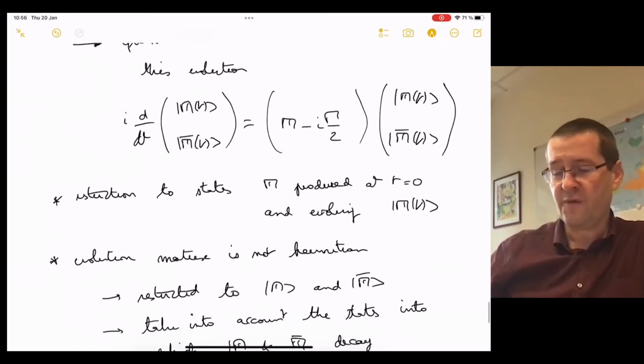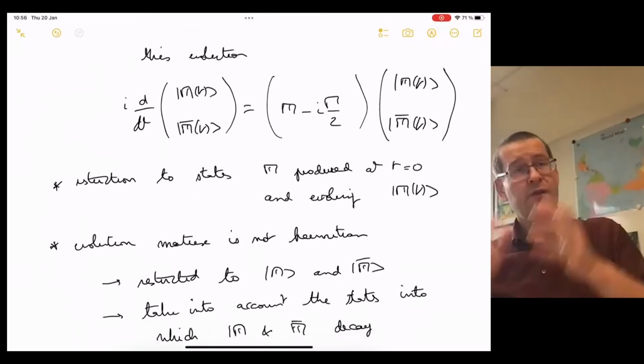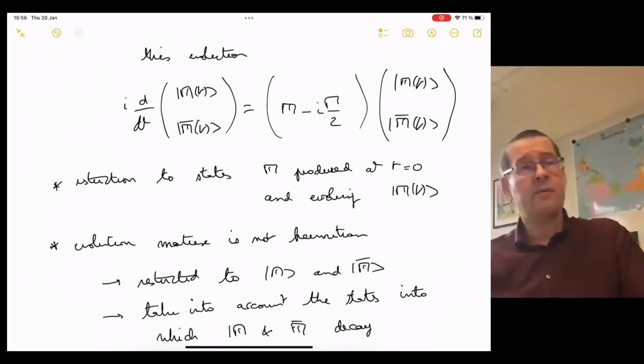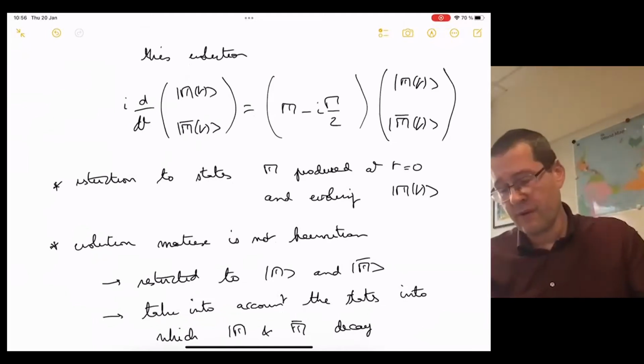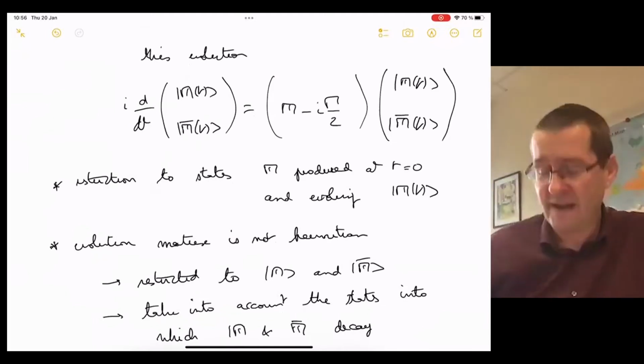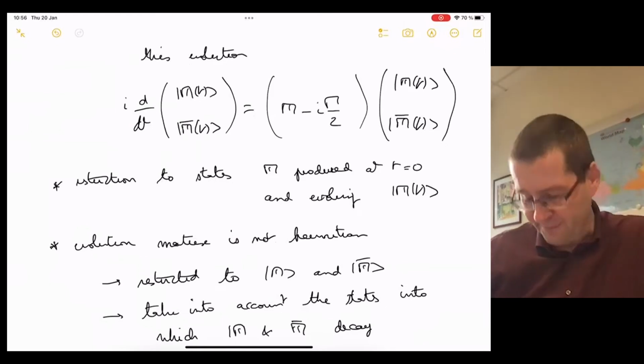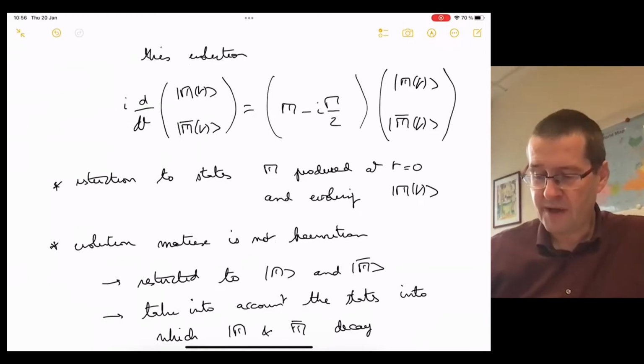And so in this kind of situation, if we had a situation where we consider not only M and M bar, but also all the possible final states of the decay, then we would have the evolution that would be something with an Hermitian matrix.